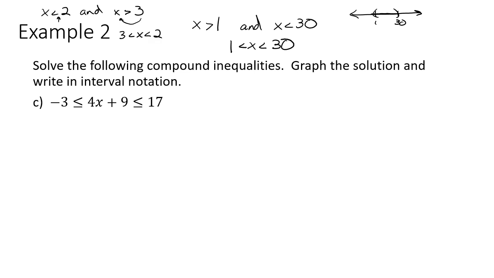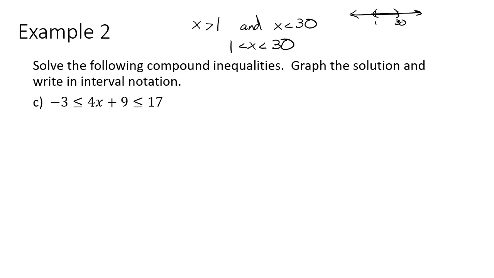X is less than 2, but this doesn't make any sense because this is implying that 3 is less than 2, which is not. Those don't combine, so be careful. In fact, I would recommend that maybe you just don't try to join inequalities together yourself with this notation until after you graph the solution, and then you might want to. But if you're given an inequality in this notation, it actually makes it a lot easier to work with.